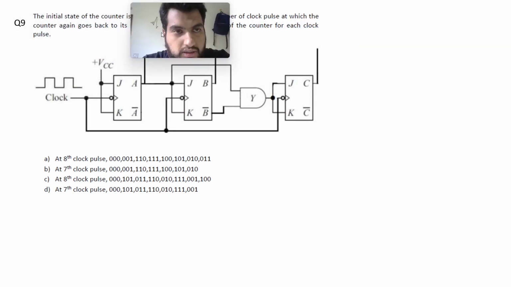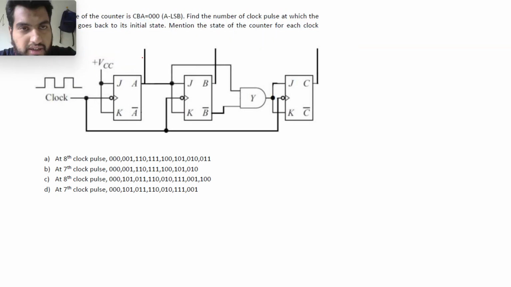So let's first write what our inputs are. J0 equal to K0 is equal to VCC, that means logic high, so it will be 1, and these are negative edge triggered flip-flops.